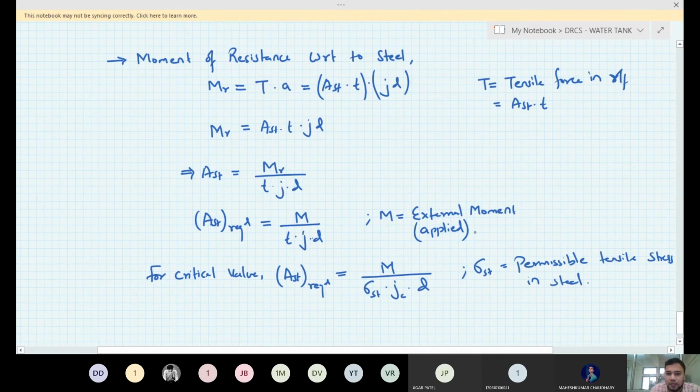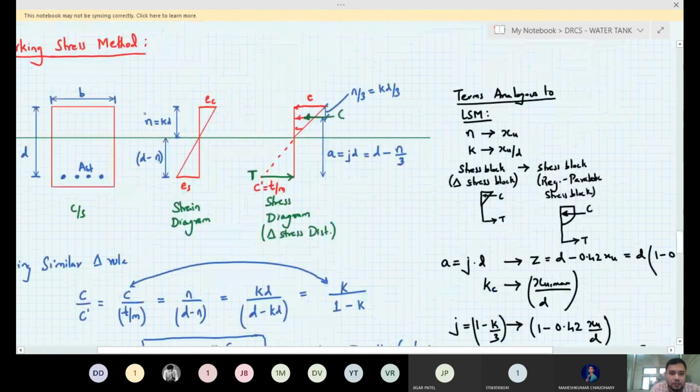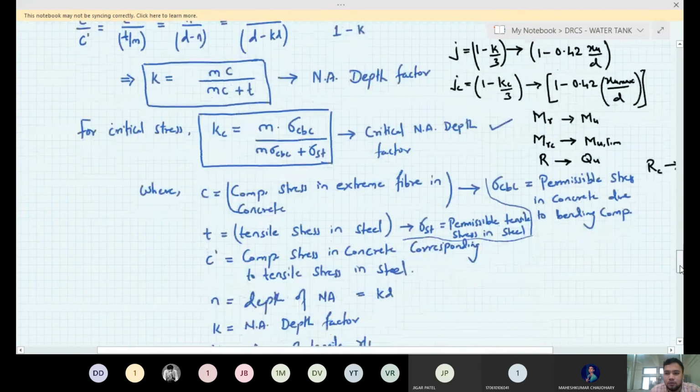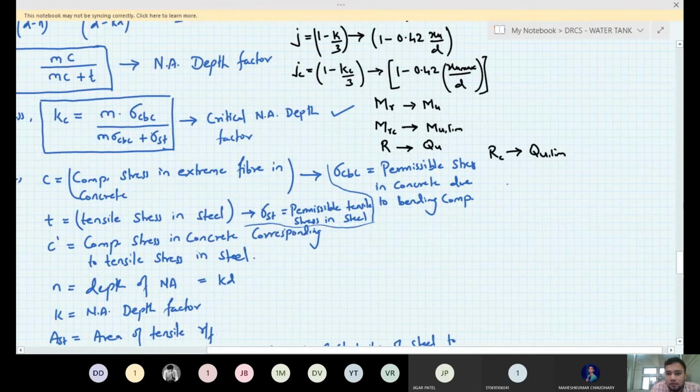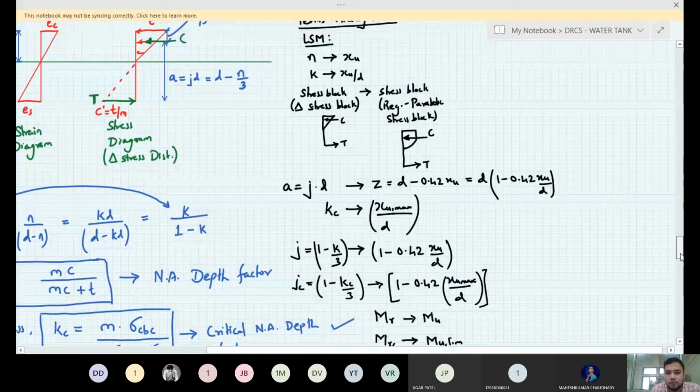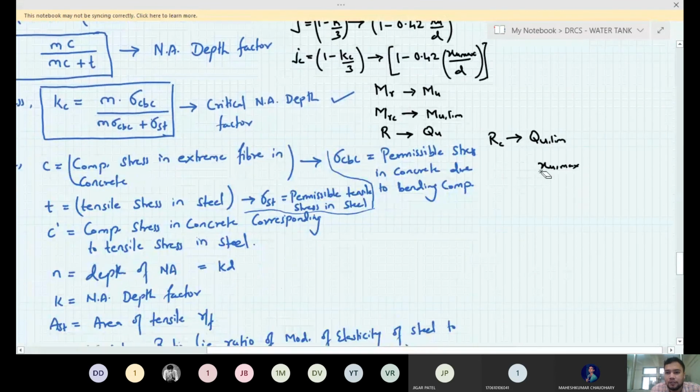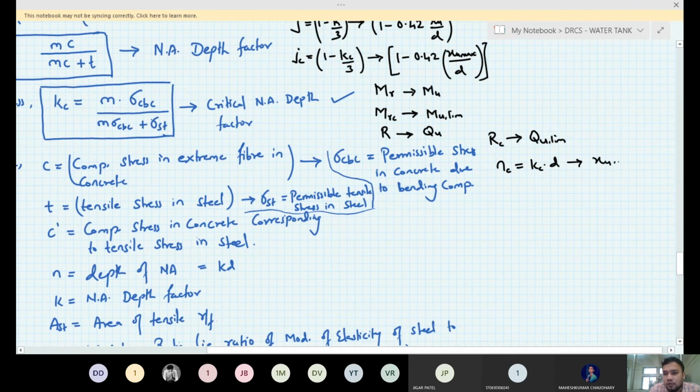Sometimes we use the term NC. NC is equal to KC into D. NC is analogous to your term XU max.